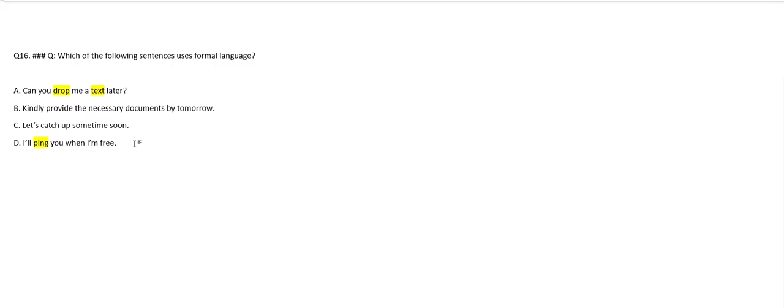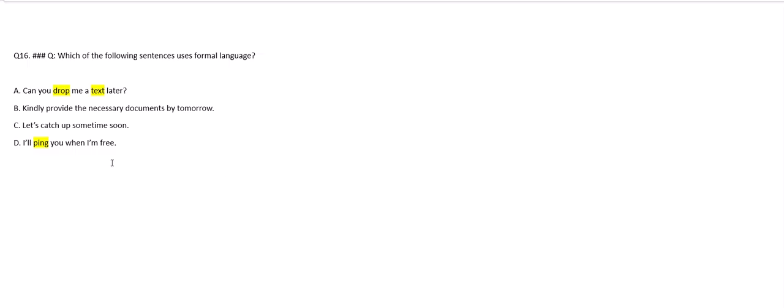Also, we can simply see the contractions like I'll, let's, with apostrophes. Wherever these contractions are there, those sentences are informal. By seeing these contractions itself, we can find out the informal sentences. Hence, among all these four, option B is the formal sentence. The answer is option B.